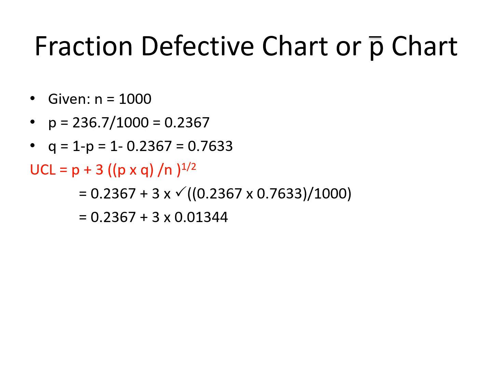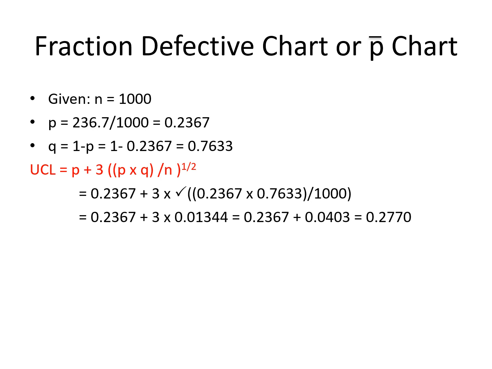If you calculate the values, you will get 0.01344 as the value of the square root of P into Q upon N, and which comes to 0.2770. So this becomes the upper control limit. The upper control limit is 0.2770.